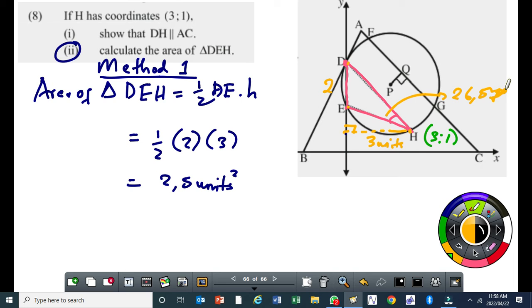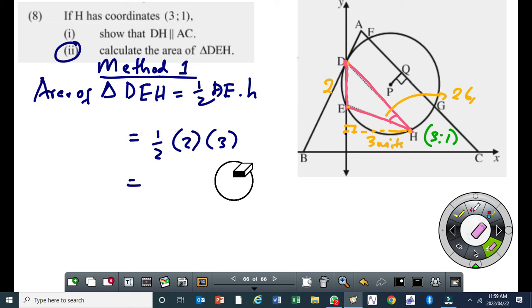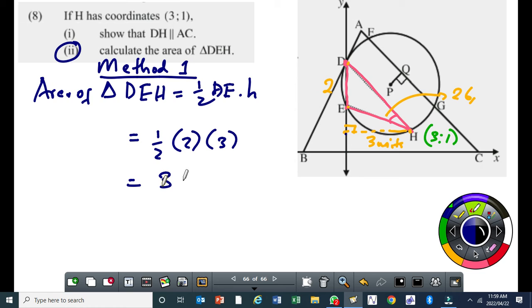So it means that we can use the area rule. This is method 1: our base times height.